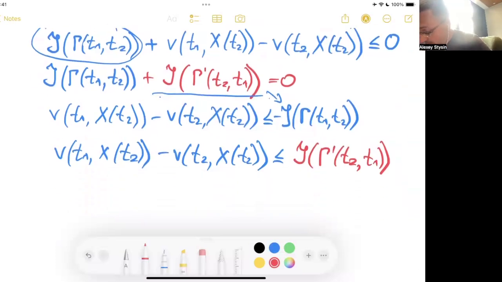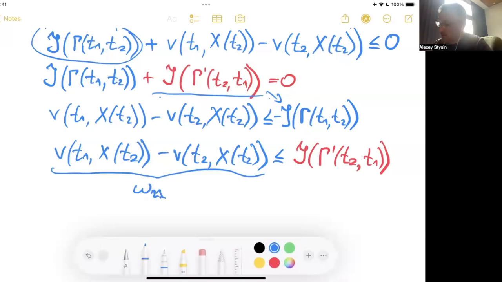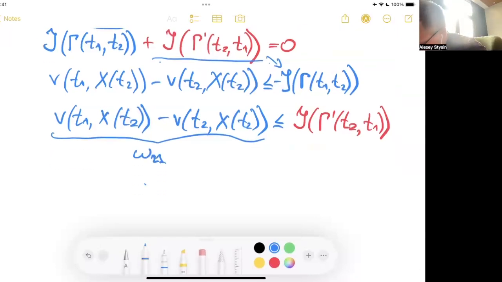And this thing on the left-hand side is the definition of the weight of going from T2 to T1. So what we have here is that the weight of a direct jump from T2 to T1 is less than or equal to the integral over any path going from T2 to T1.